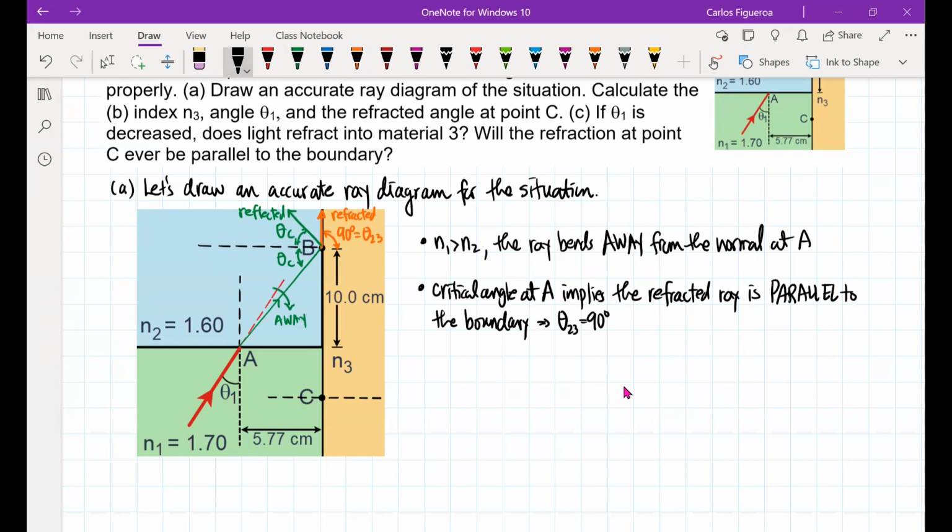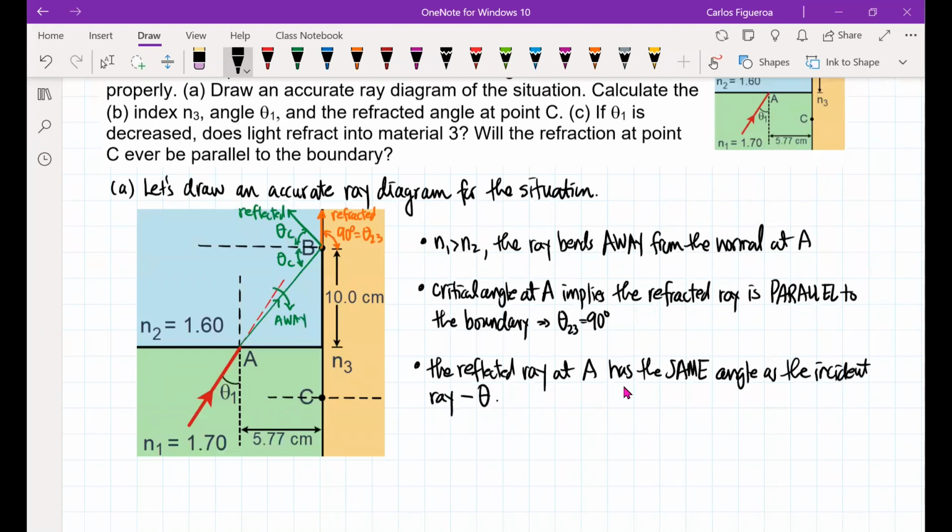So now I'm going to focus on the next piece. The reflected ray at A has the same angle as the incident ray.